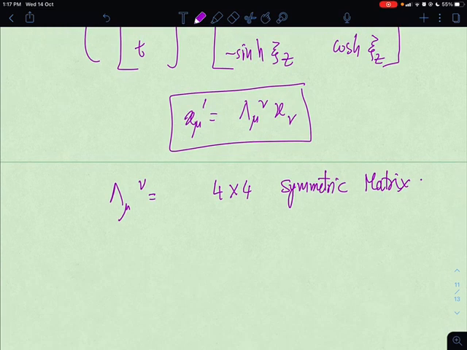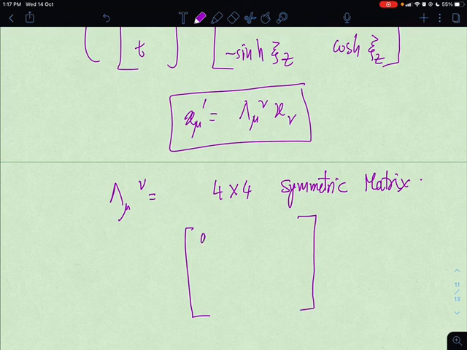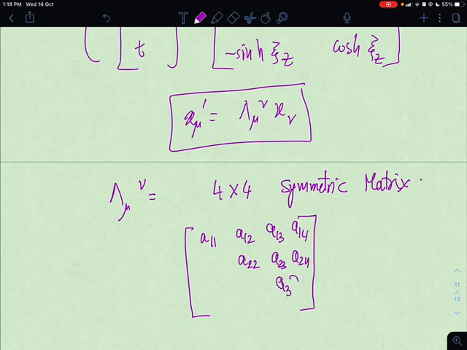So, how many elements is it made up of? 4 4s are 16. So, for example, let us count them. If you have A11, A12, A13, A14, A12 is nothing but A21, A22, A23, A24, then A33, A34, then A44.